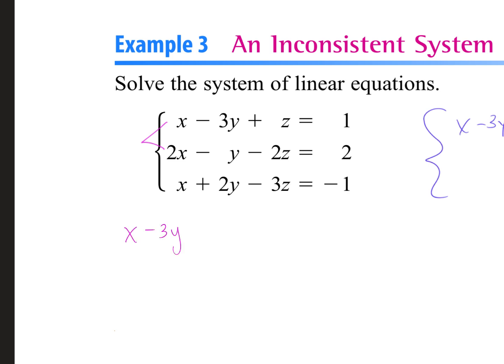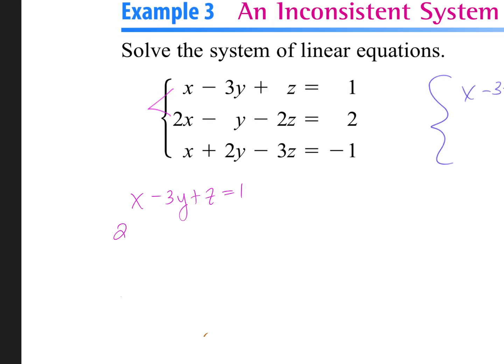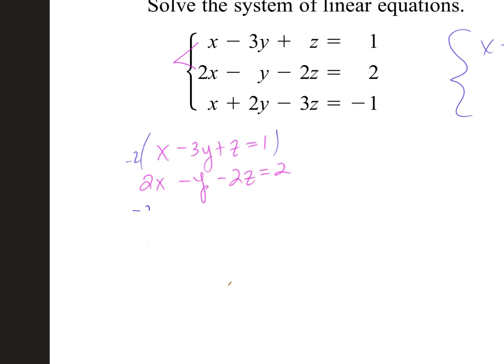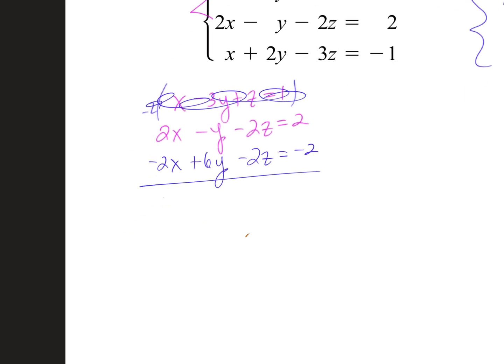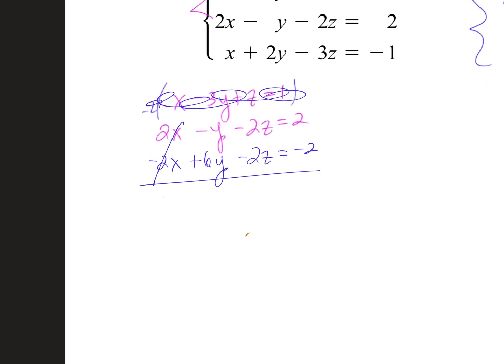X minus 3y plus z equals 1. 2x minus y minus 2z equals 2. What are we trying to get rid of? X's. So I'm going to multiply by negative 2. So negative 2x plus 6y minus 2z equals negative 2. X's cancel. So you have 5y minus 4z equals 0.